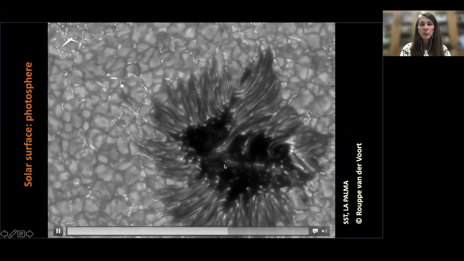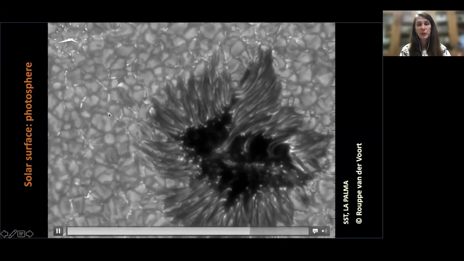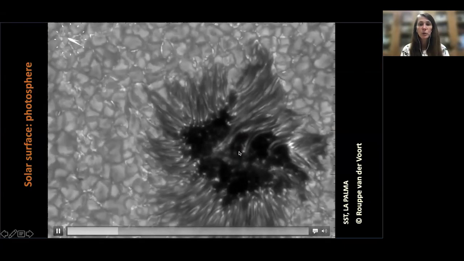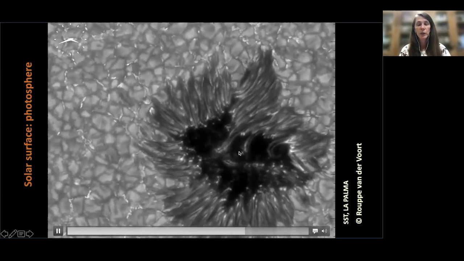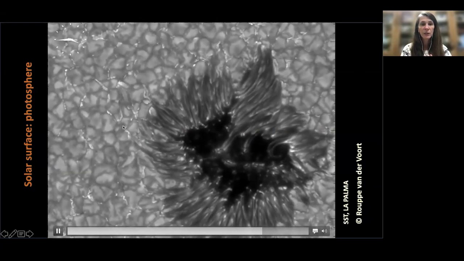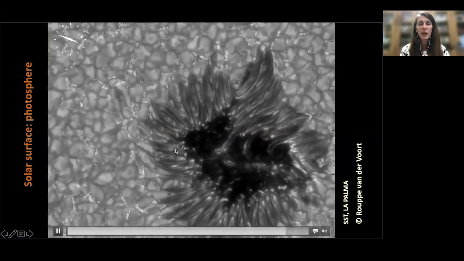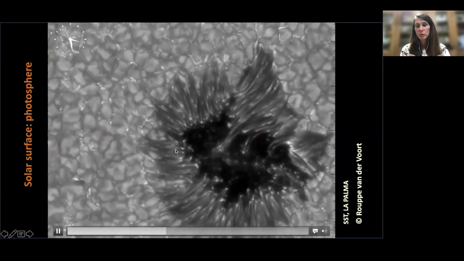We see a sunspot, we see convection moving, and a lot of spectacular activity, but it's probably not so dynamic. The things are happening slowly here, okay? We know that there is a magnetic region, a sunspot, and also these little bright details, which are small magnetic features moving outside. And this is a level which we call the photosphere.